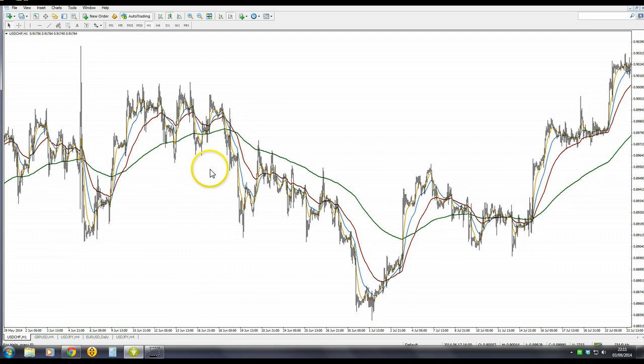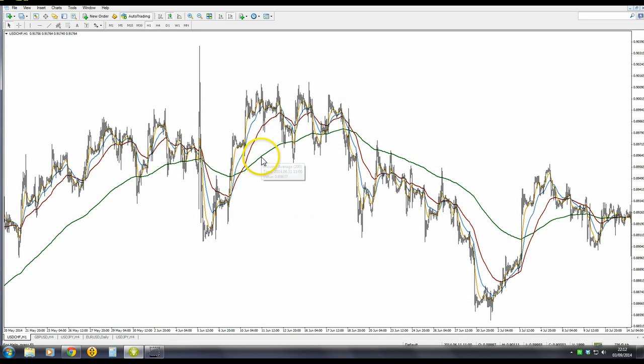The problem with moving averages, like most of the other indicators, is they are lagging, which means they work off the past. For instance, the 200 moving average works on the past 200 candles and works out the average, and then positions it as this line and connects it to the previous candles, and you get this moving average line.